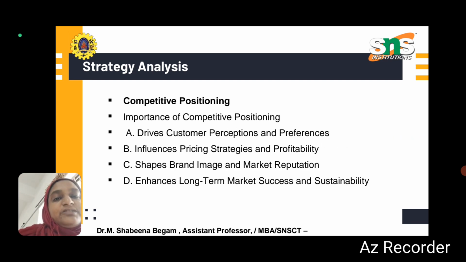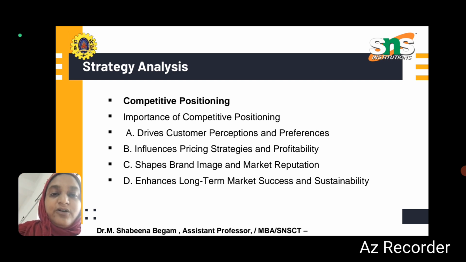So the importance of competitive positioning: it drives customer perception and preferences, including pricing strategy. You have to give the right quality of the product, the right price, the right shape, brand, everything. Right product at the right time, right cost, right quantity, and right quality.